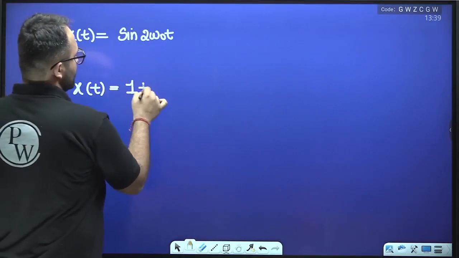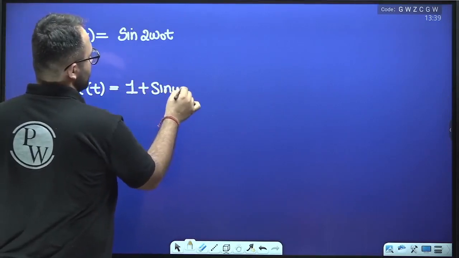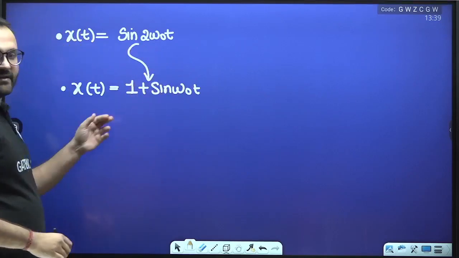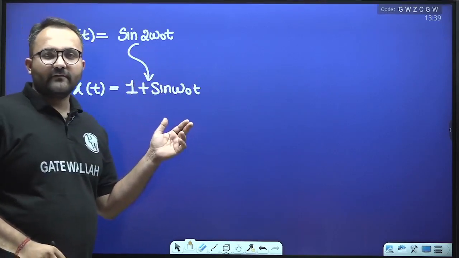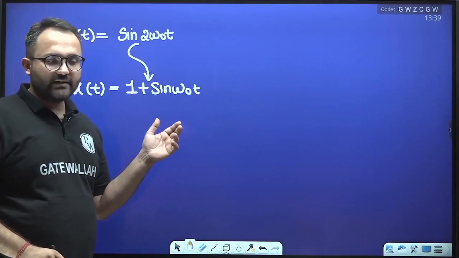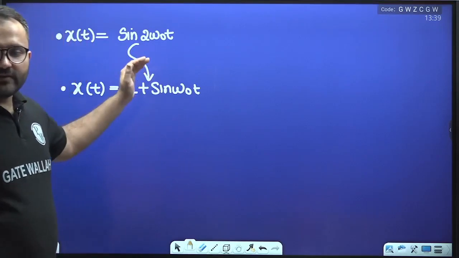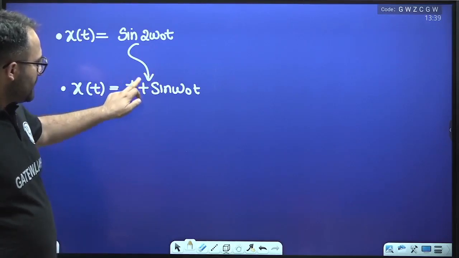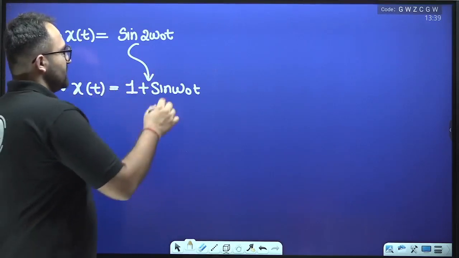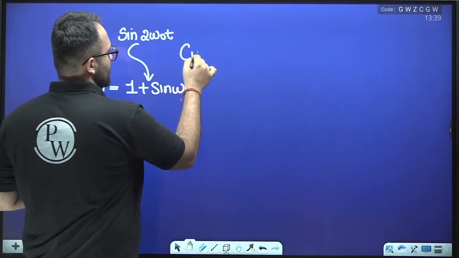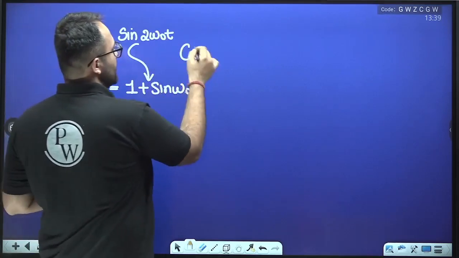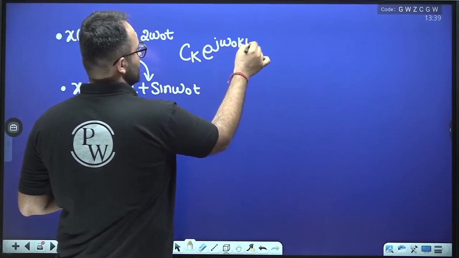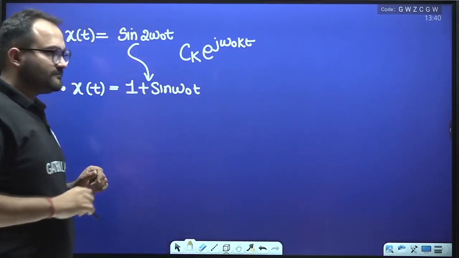If we want to find out the Fourier series of this signal, that is, we add a DC here. So we know that whenever we add DC, this term will only affect C0. To find out the Fourier series, we compare each term with C_k e to power j omega naught kt.